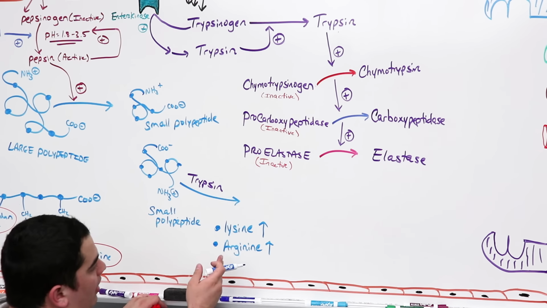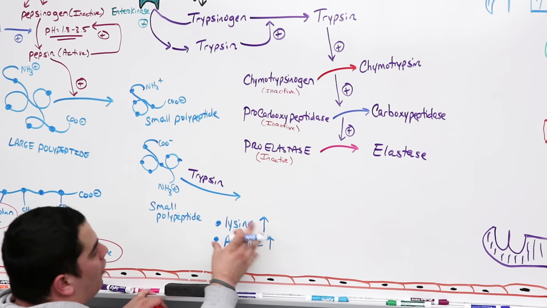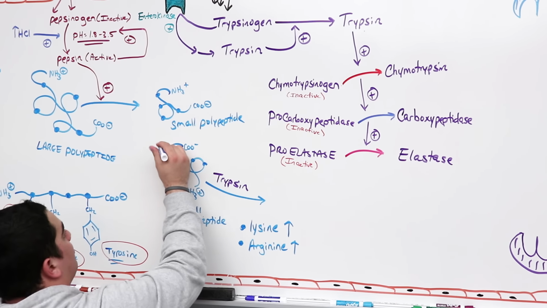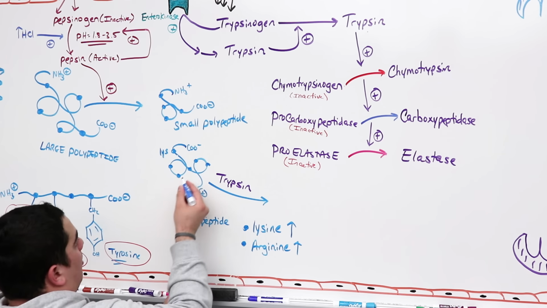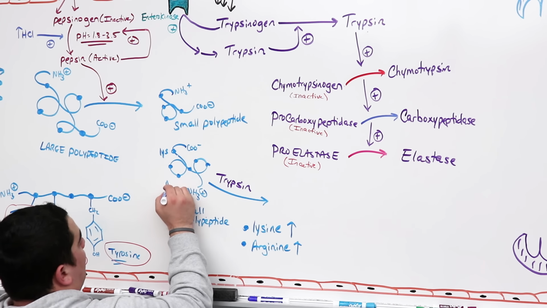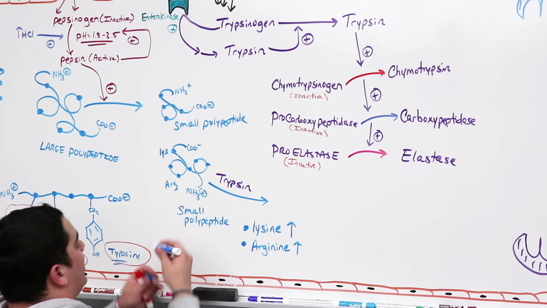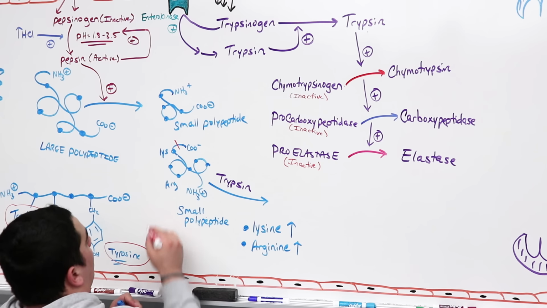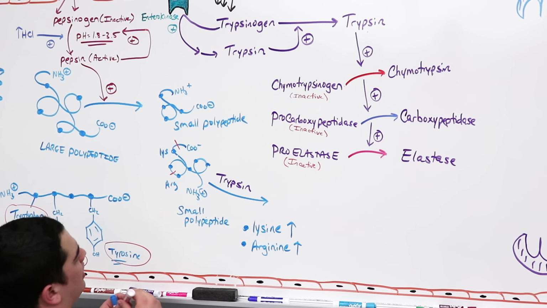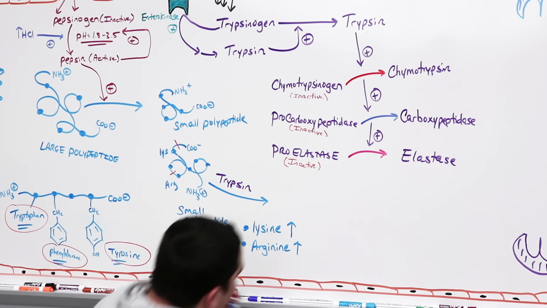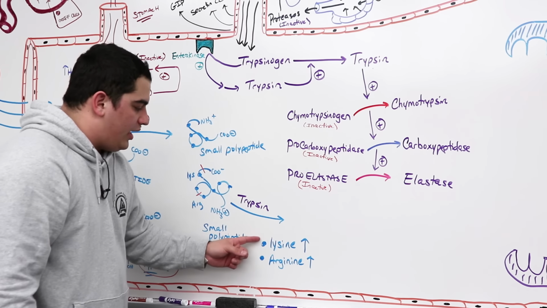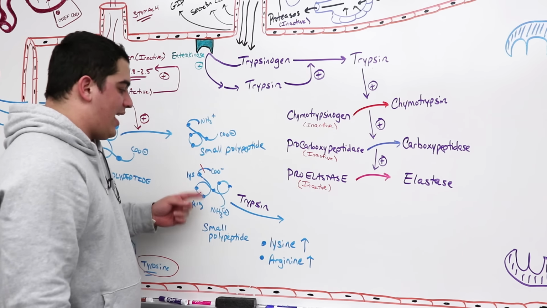So he'll cleave the peptide bonds, particularly on the carboxy side. So for example, pretend that amino acid right there is a lysine. Pretend that that amino acid right there is an arginine. What he'll do is he'll come over here and break these bonds right there. Okay? There is an exception, but again, this isn't a biochemistry lesson, but just remember if you want to, he can't do it if proline is right next to them.